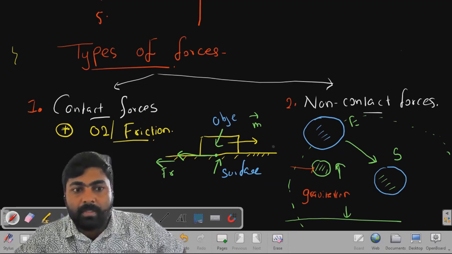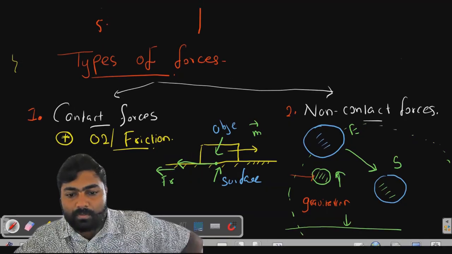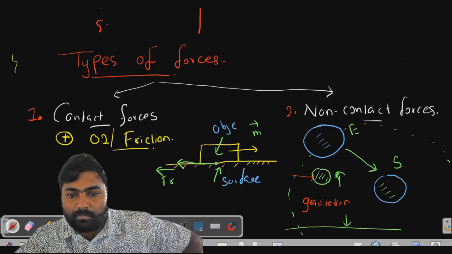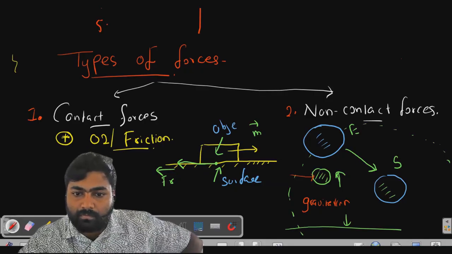Second one is non-contact forces. Clear? Yes, sir.